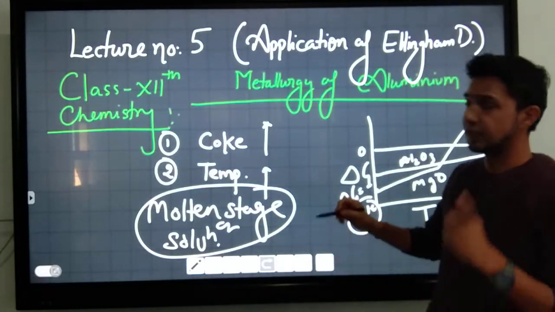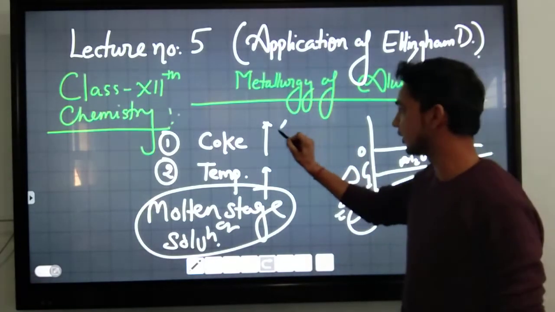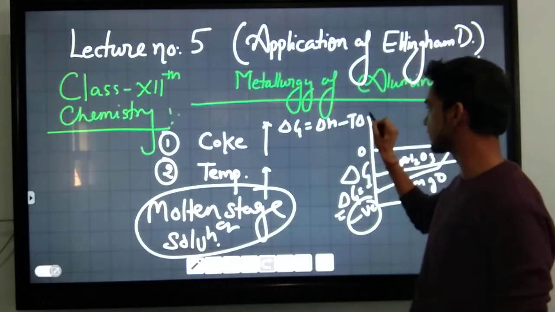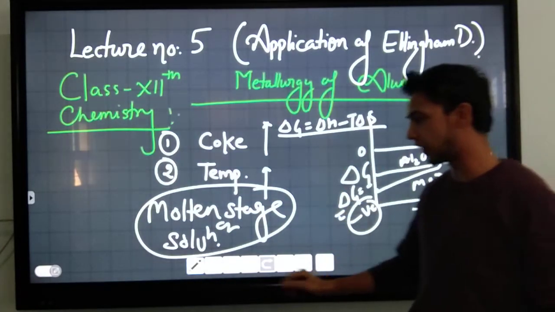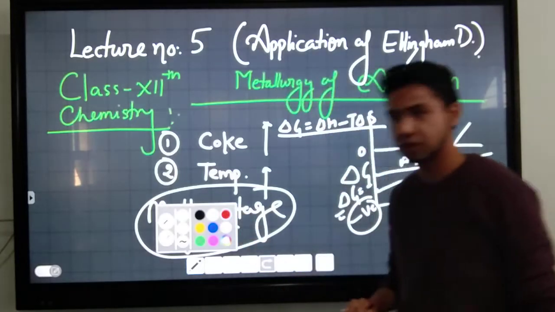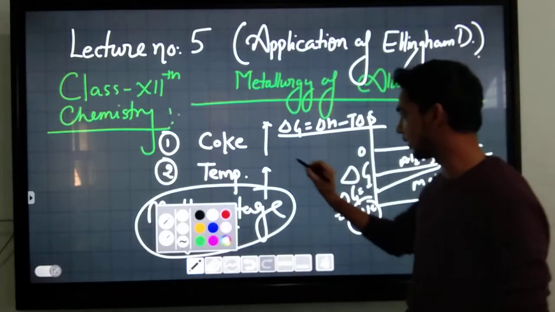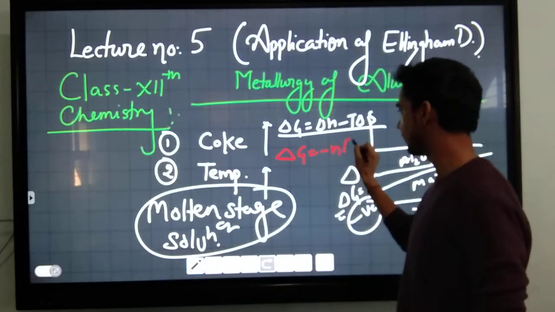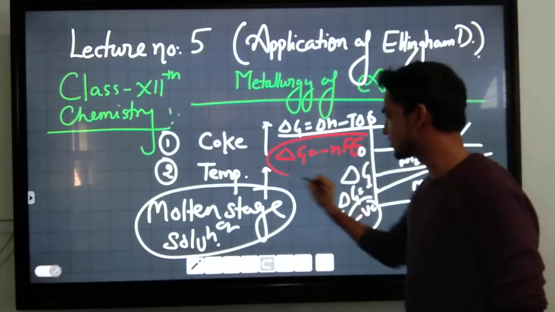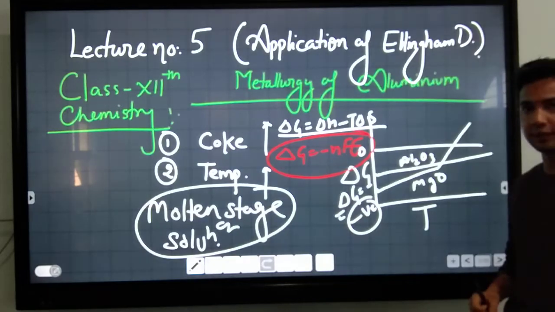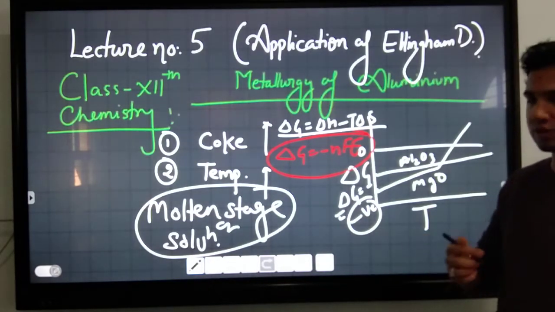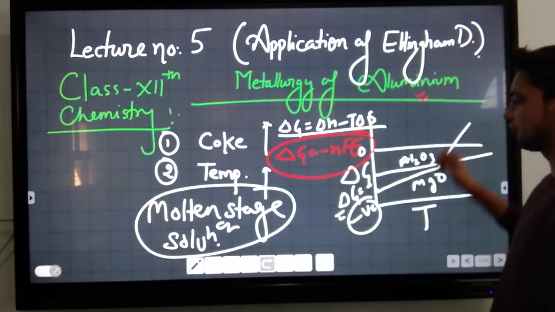And that's why, in the previous method, we applied the concept delta G is equal to delta H minus T delta S. But guys, here we are applying a very important concept related to thermodynamics. This is delta G is equal to minus nFE, because this is an electrolytic reaction. In electrolytic reactions, or electrolysis, we are getting aluminium from its ore.